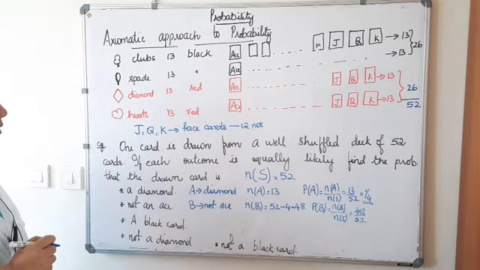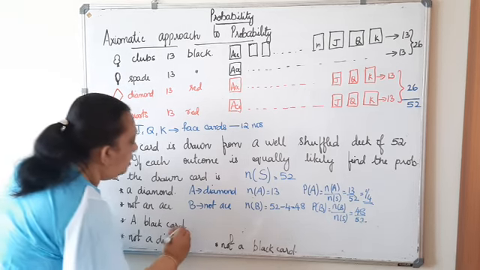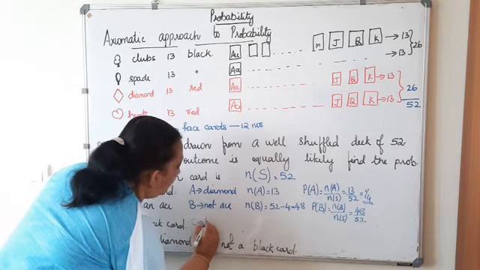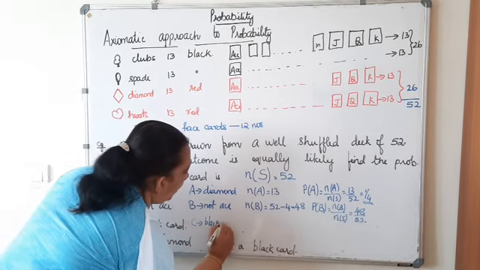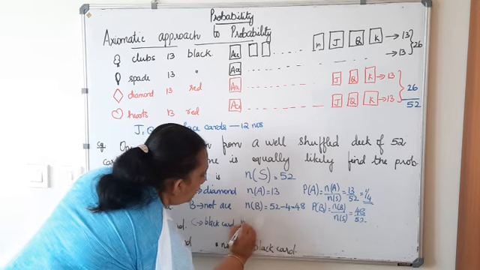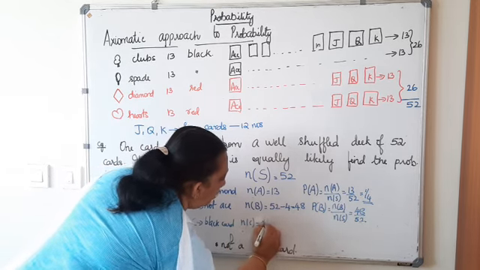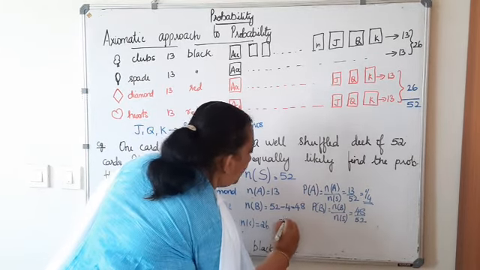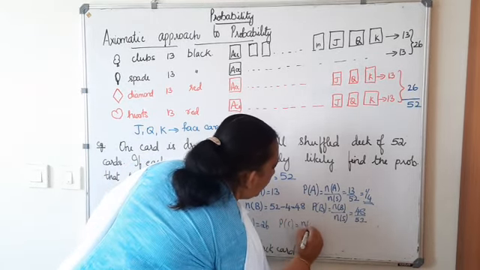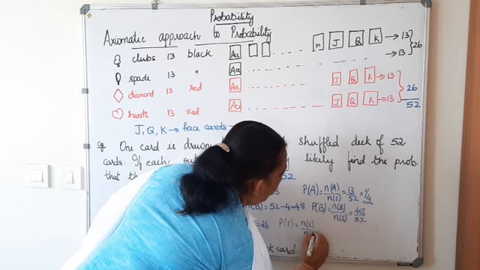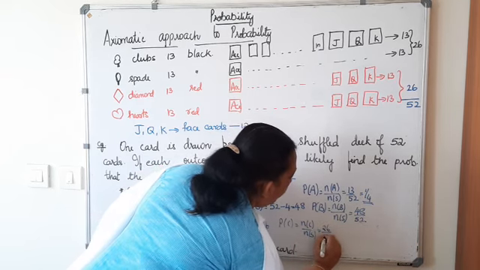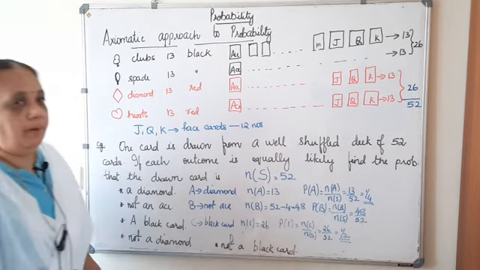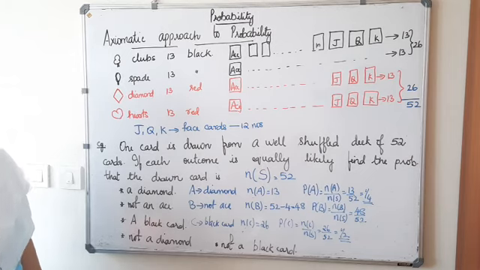Let us denote C be the event that it is a black card. n of C is equal to 26. And probability of C is equal to n of C by n of S, that is equal to 26 by 52, which is equal to 1 by 2. I hope you are getting it.